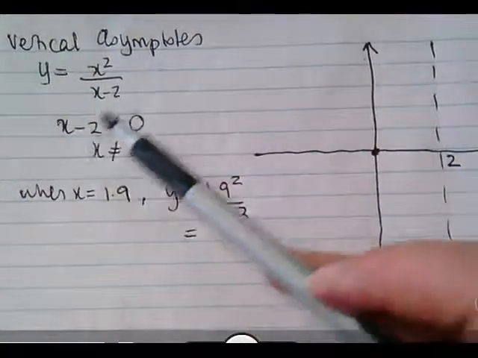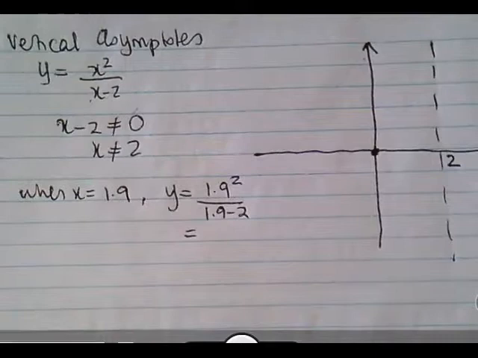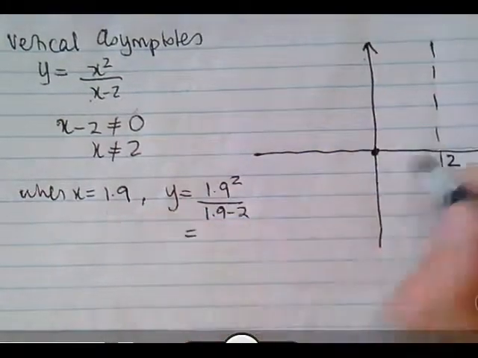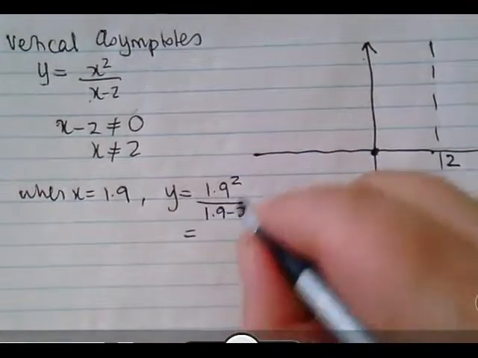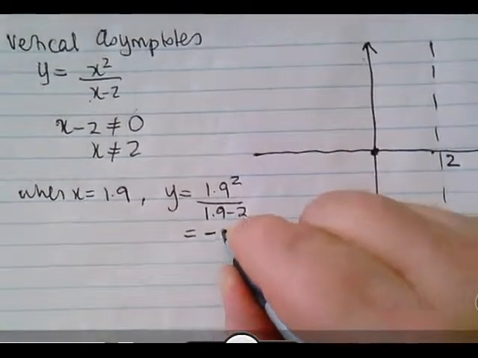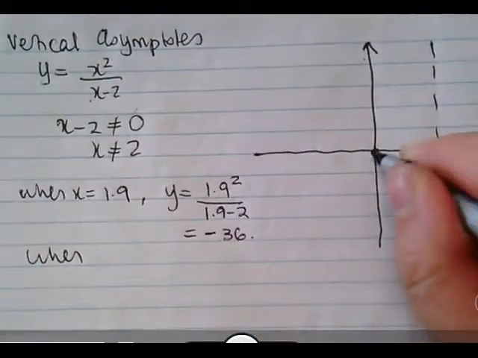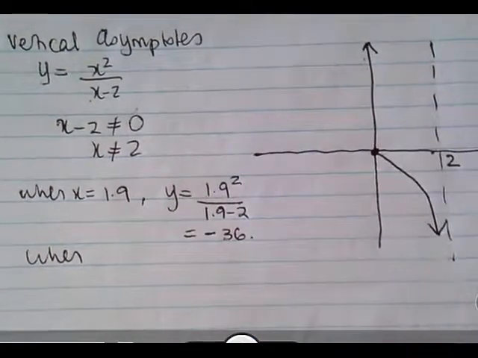We get x minus 2 can't equal 0, x can't equal 2. Let's look at the behaviour of the curve around x is 2. Just before 2, 1.9, we get 1.9 squared over negative 0.1. Negative 36. Well, it's big. In other words, yes, definitely it's down like that.